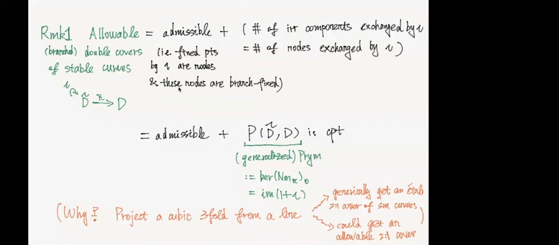And this basically implies that even if we are talking about double covers of singular curves, we can still take a Prym, or generalized Prym. In general, this generalized Prym will be a semi-abelian variety, but if the double cover is allowable, then this Prym will be compact.